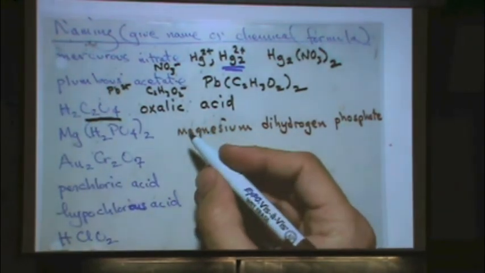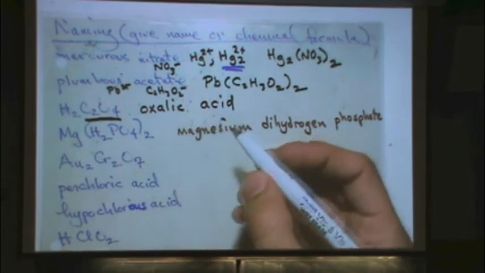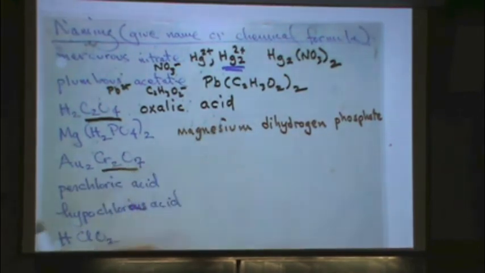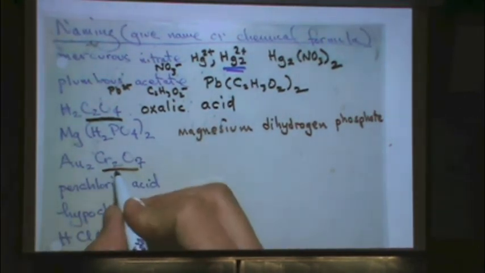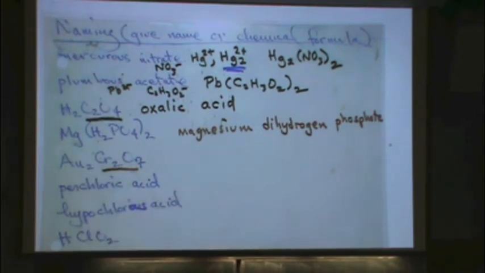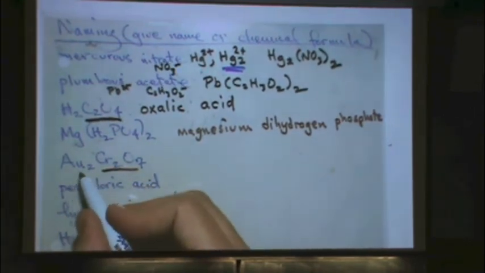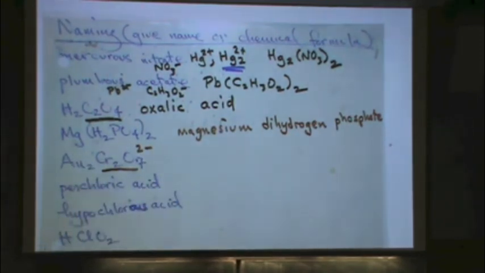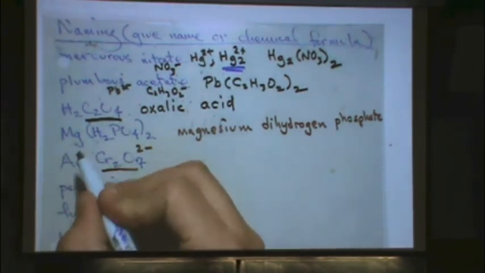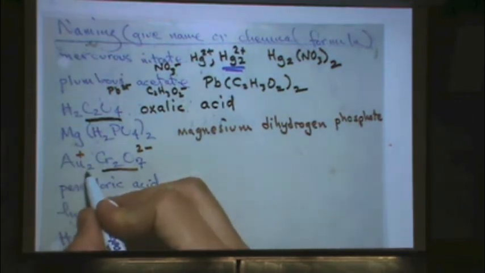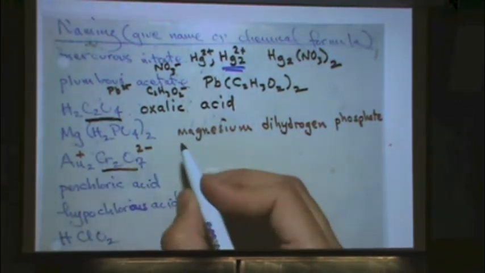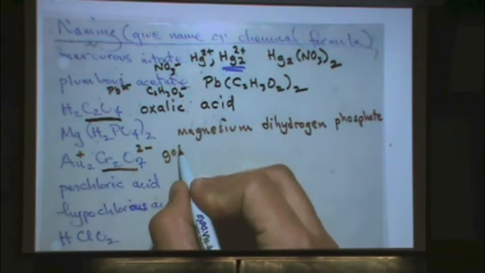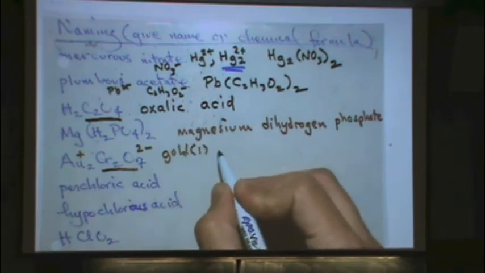Okay, so this is gold. What's this one called? That's called a dichromate. It has a 2- charge. So that means if this is 2-, what's the charge on gold? Yeah, it has to be +1. So 2 +1s and a 2- make it neutral. So this is called gold 1 dichromate.